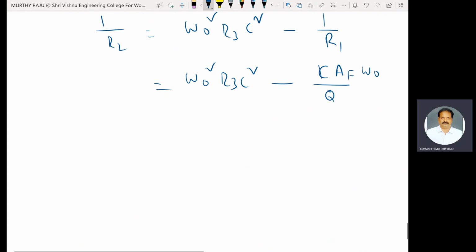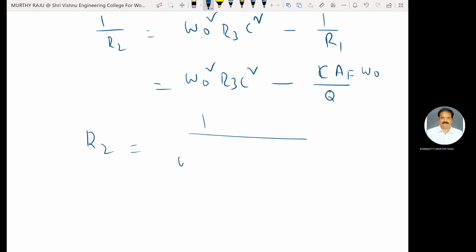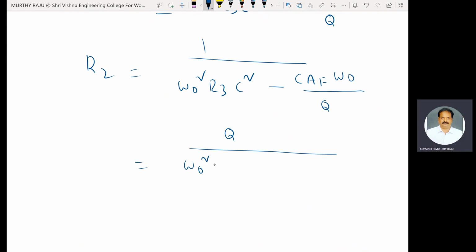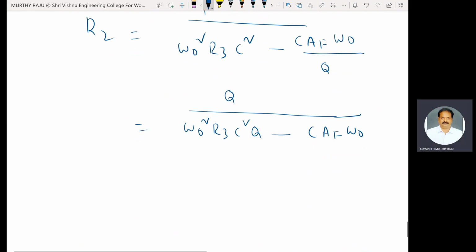That is equal to R2 is equal to 1 by omega naught square R3 C square minus CAF omega naught by Q, therefore Q by omega naught square R3 C square Q minus CAF omega naught.